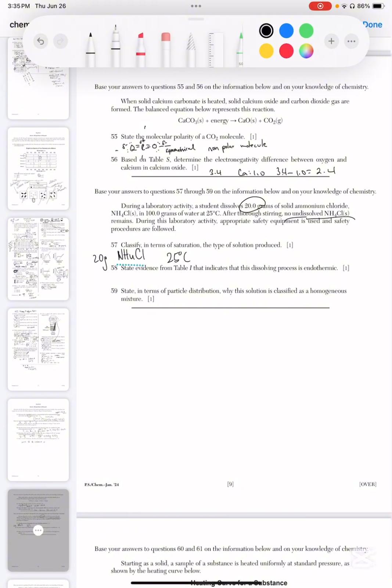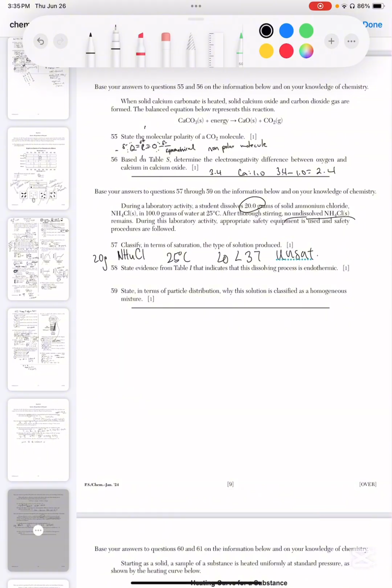Let's see. Take a quick look at table G. So at 20 degrees Celsius, you're able to dissolve about 37-ish grams of ammonium chloride to produce a saturated solution. So since 20 is less than 37, this is an unsaturated solution.